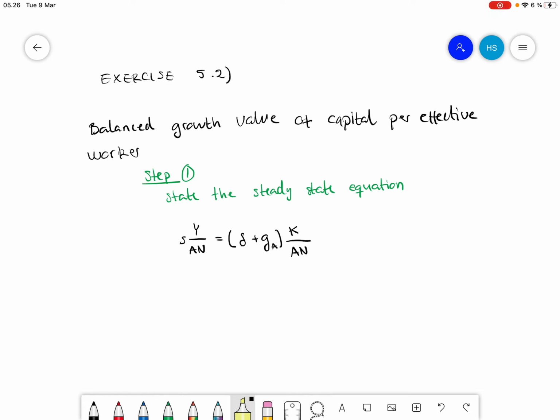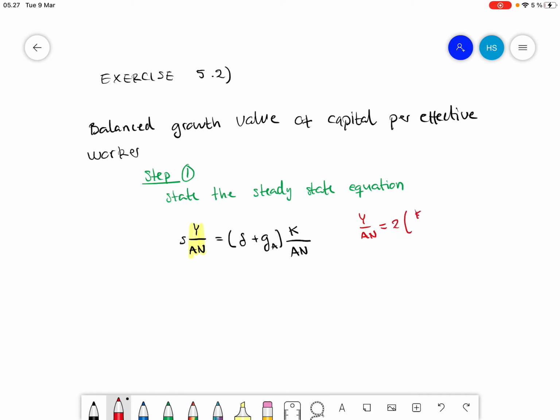So as usual, we have to replace this by the output per effective worker. And the output per effective worker we found in the previous exercise. That was, what was it?